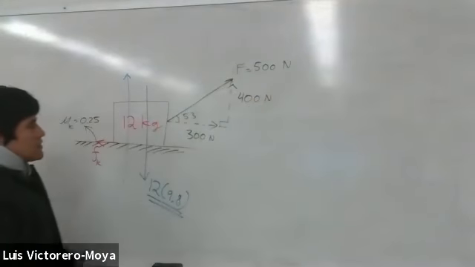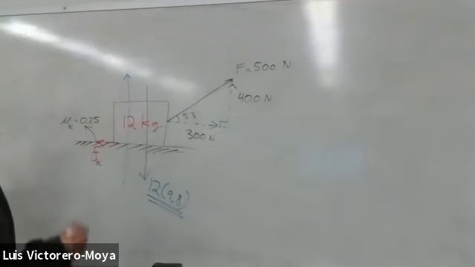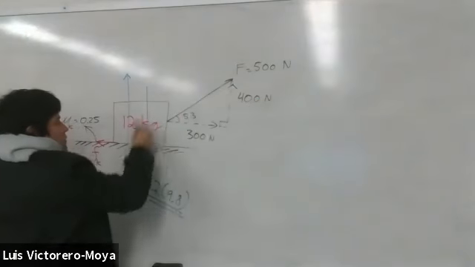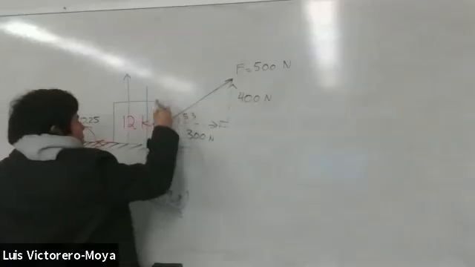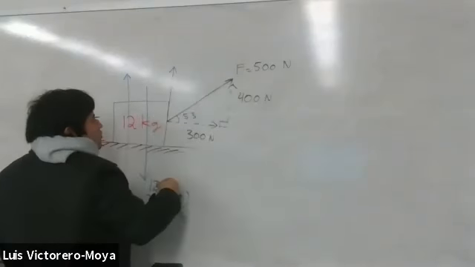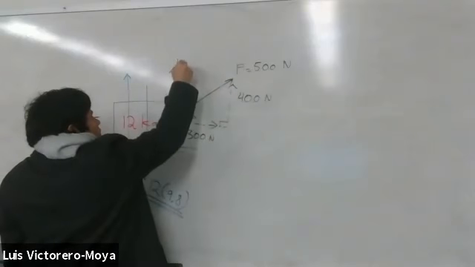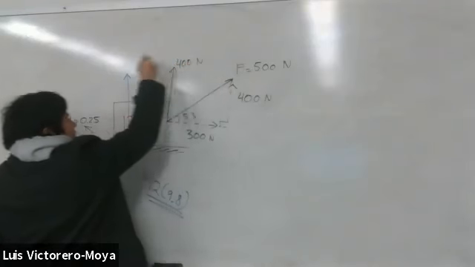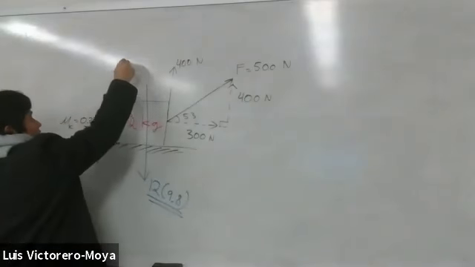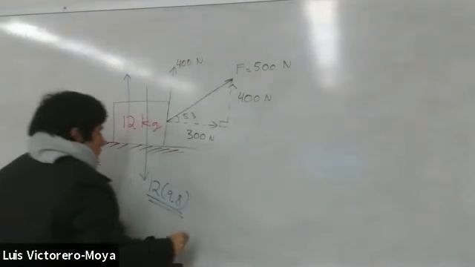So what's happening is that there is another vertical force acting on the body. So I can move this vector here. So any vertical force affects the normal. So let's put N here. So that's not this.